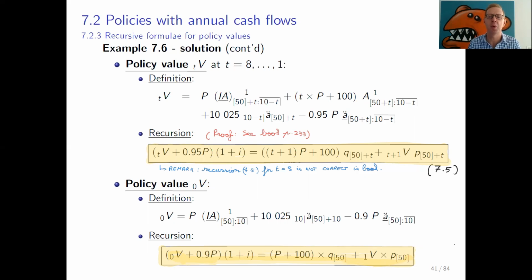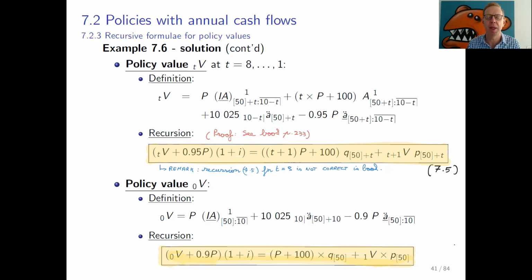Of course, all these actuarial values are corrected for the related premium, the related expenses paid. From this definition, if we have a look in the book at page 233, we can define the following recursion. And this is again the same, has the same interpretation as before.